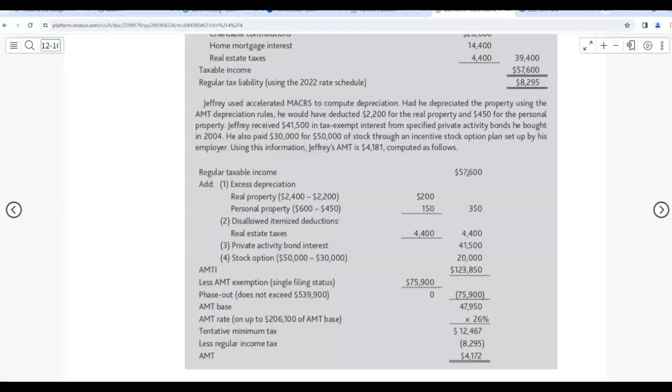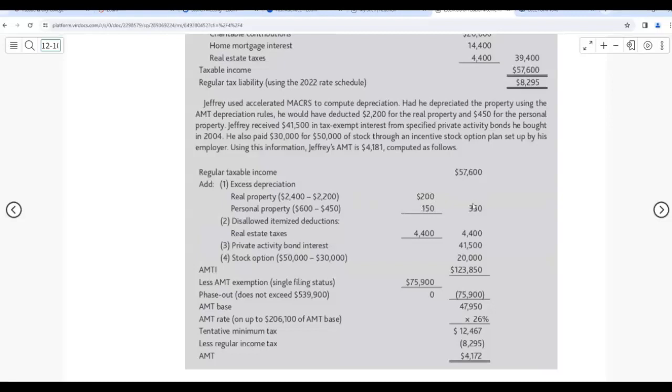Regular taxable income is 57,600, which is coming from here. Excess depreciation was 2,400, but technically under AMT it's just 2,200, so that's $200 excess. For personal property, it's $150 excess.